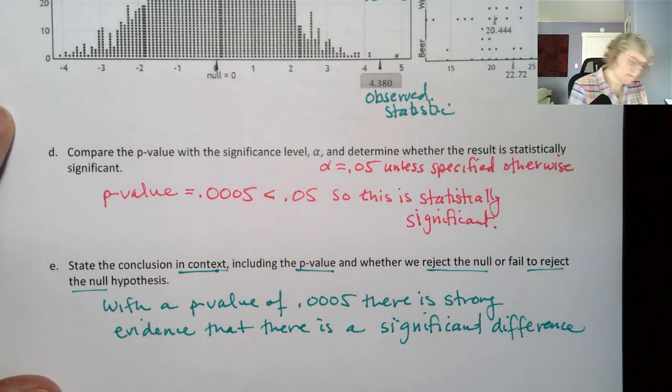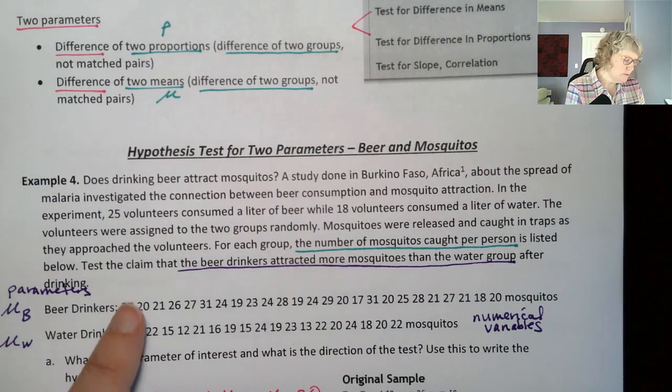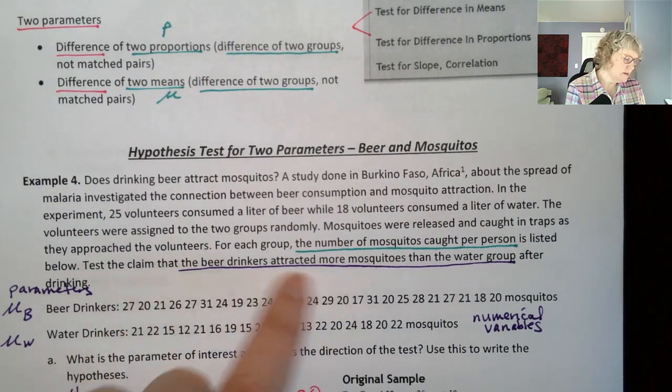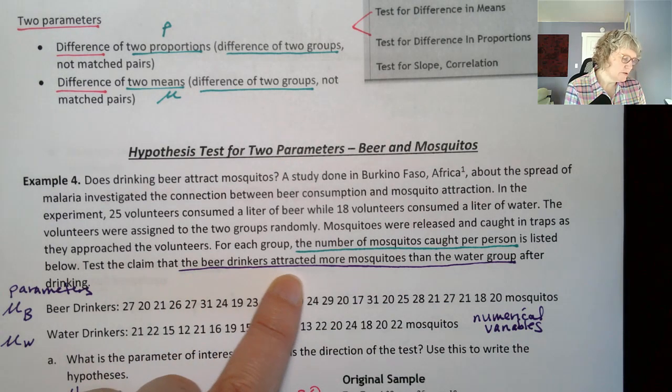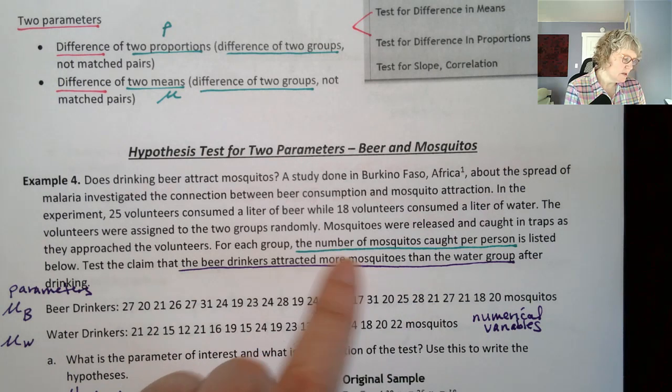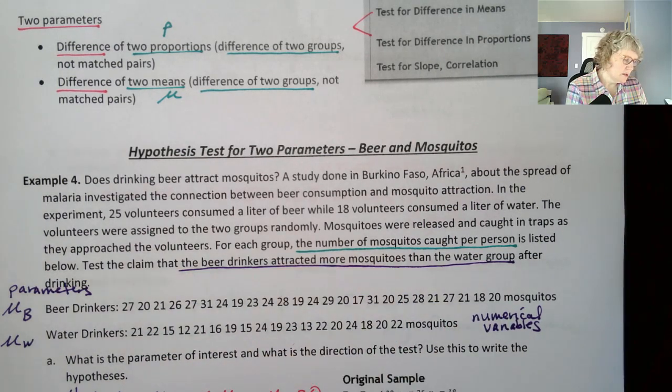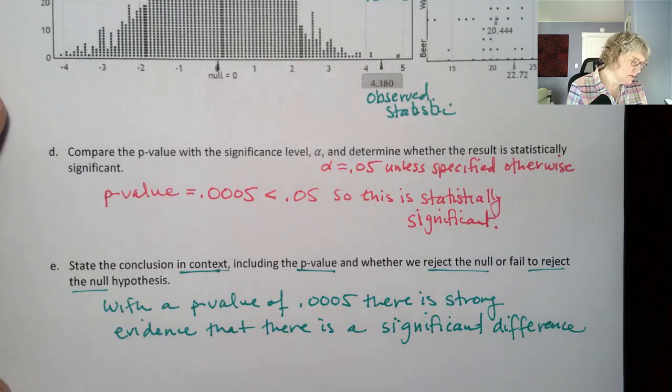or actually, I don't want to say it that way. Remember, you always want to go back to the claim, right? So there's significant evidence that the beer drinkers attracted more mosquitoes than the water drinkers. Okay, so let me change this a little bit.